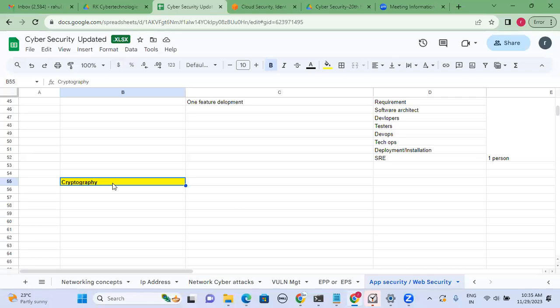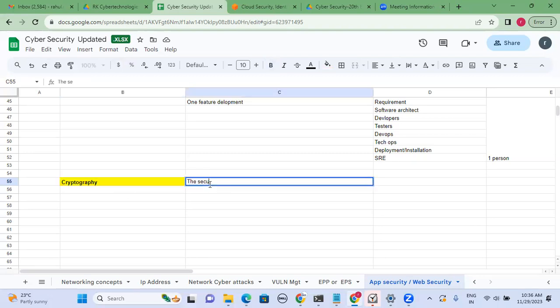That entire process we can call cryptography in a simple way. Because we are discussing application security, it is the secure way of web communication using computer algorithms and also mathematical calculation. That is called cryptography.